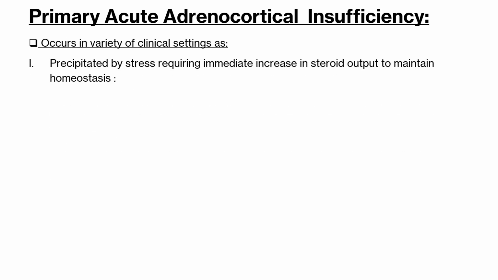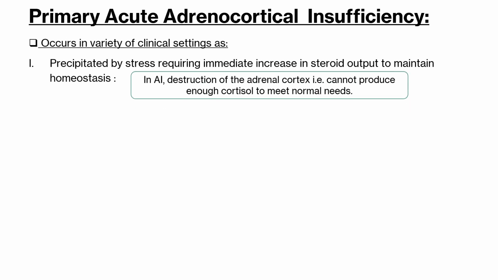In those patients, if they are exposed to certain things, such as various stresses, that results in precipitation of acute adrenocortical insufficiency. In adrenocortical insufficiency, there is destruction of adrenal cortex, that is, the adrenal cortex cannot produce various hormones including cortisol to meet the normal demands.